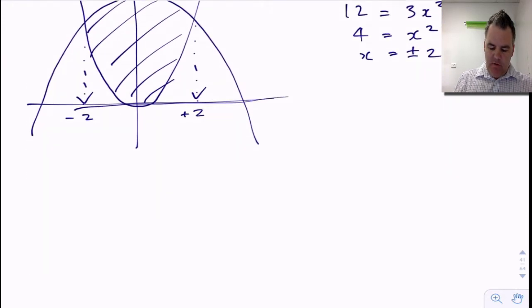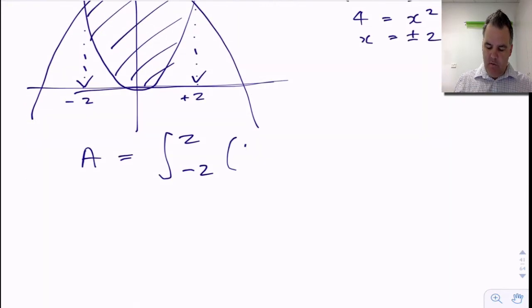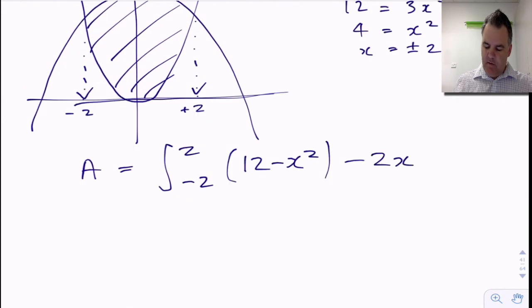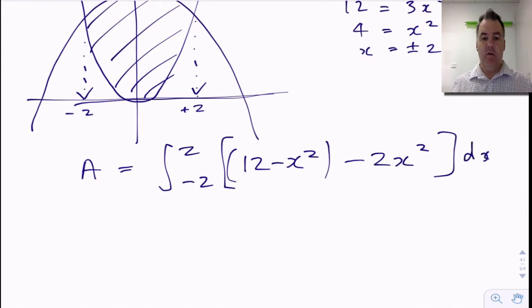The area between those curves is the integral between negative 2 and 2 of 12 minus x squared take away 2x squared dx. The dx just means we're doing this all with respect to the variable x.